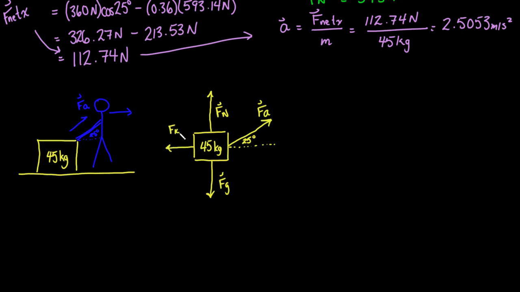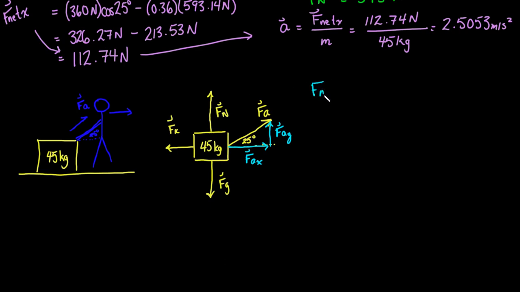Okay, so notice it's pretty much the exact same. The only difference is this applied force has now been flipped. Okay, but if we break it down into its components again, you're going to have some x component that acts forward. Okay, and you also know you're going to have some y component, but this time it acts up rather than down. So really the only change to this scenario is when we look at the y direction.